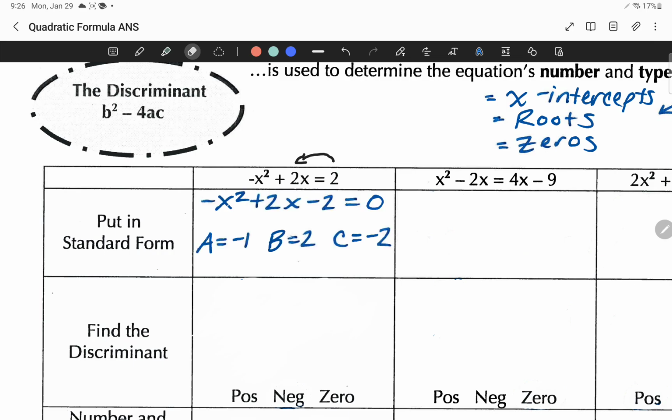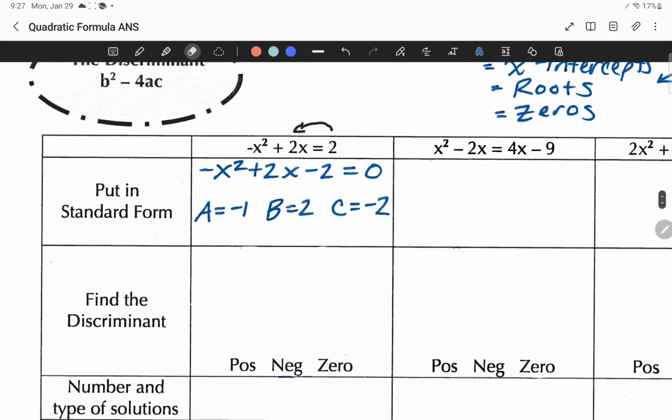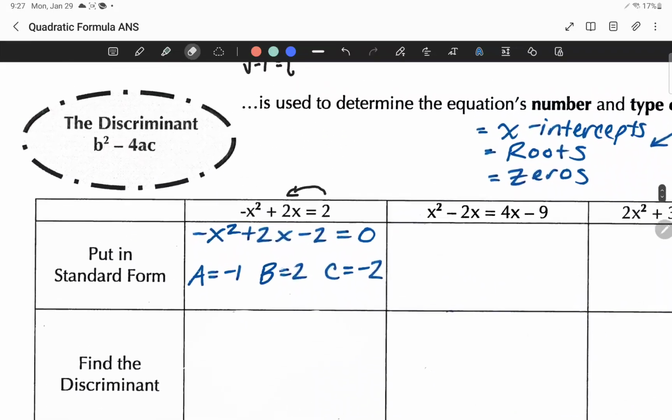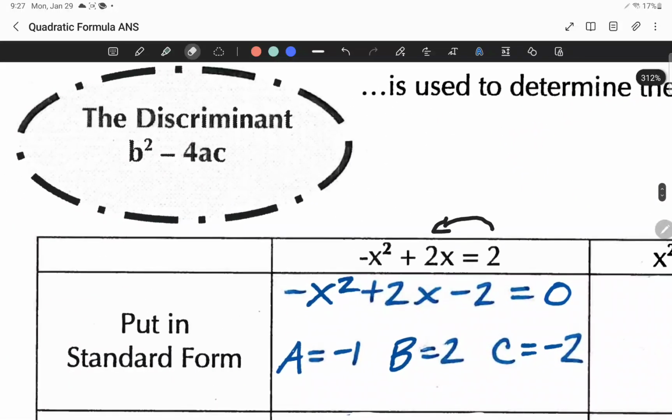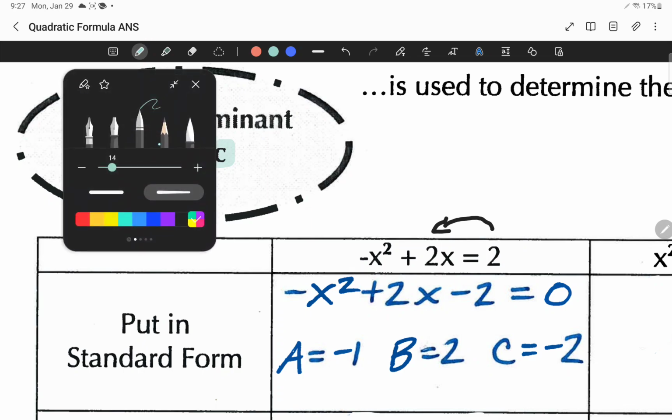Oof, I erased everything, but that's fine. Okay, so we have everything here that we need, right? We have negative x squared plus 2x minus 2 equals 0. Now let's identify our a, b, and c. a is going to be negative 1, b is going to be 2, and c is going to be negative 2. Now, the way that we're going to find the discriminant, you can even see it right here, is we're going to be using that formula, and that's going to tell us the discriminant.